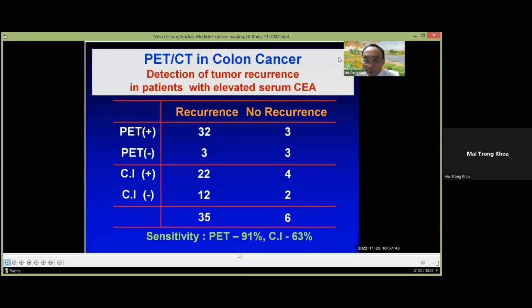And for colorectal cancer, PET-CT can also detect recurrence and metastasis with a sensitivity of over 90%.